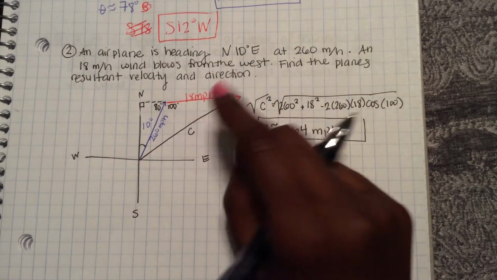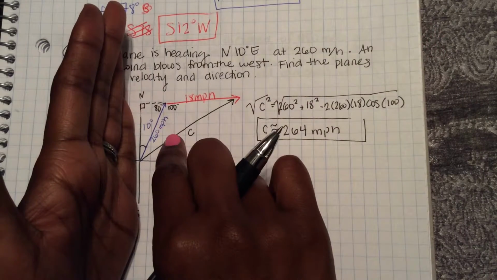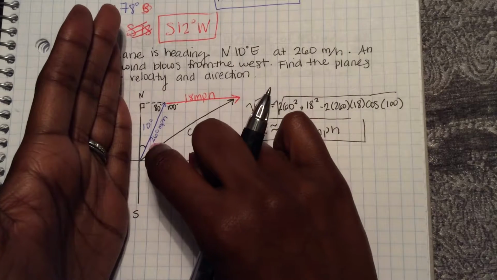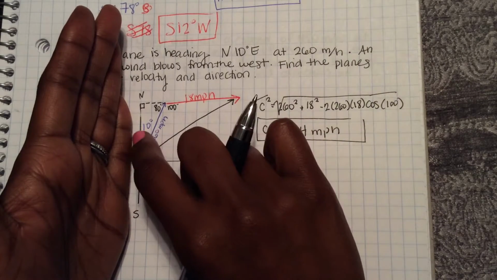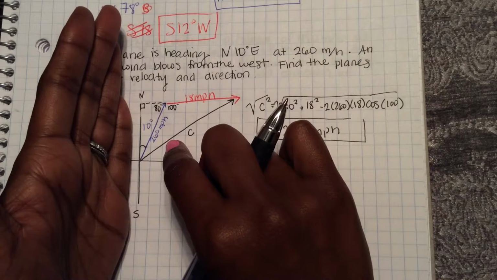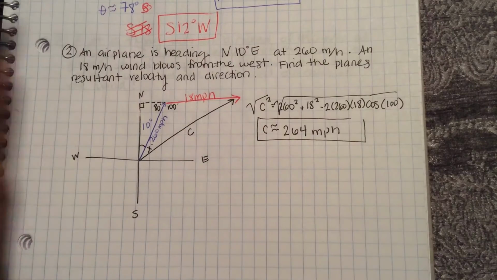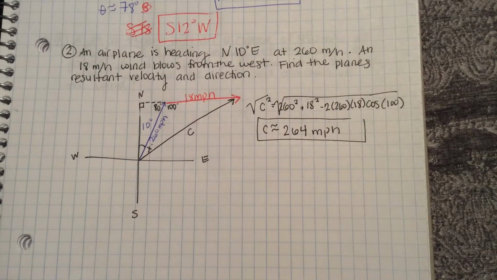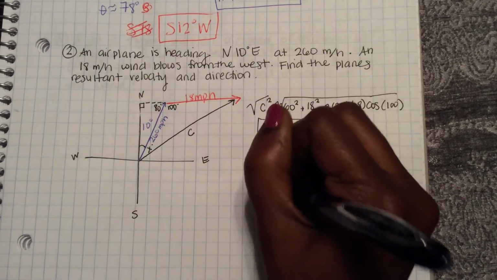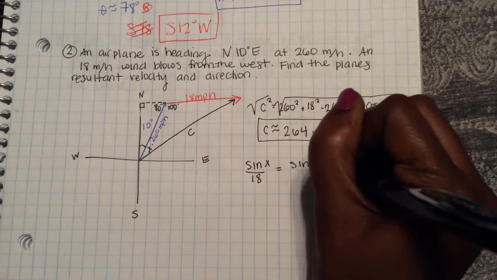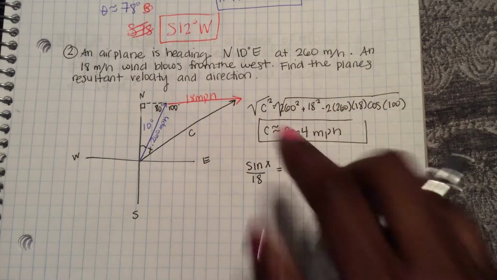Now what's its direction? Well, I see it's going north and then it's bearing east. If I can find this angle right here, I can add it to the 10 to see how much total it's bearing east. So in order to find this angle, I'll call it X, I need to use law of sines. So sine of X over 18 equals sine of 100 over 264, which is my C value.